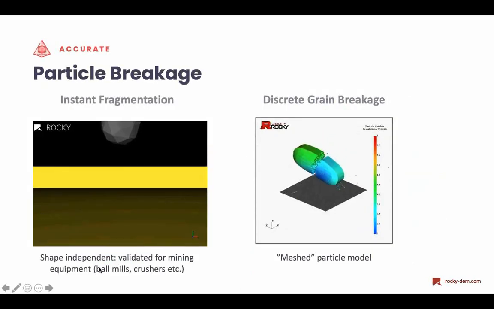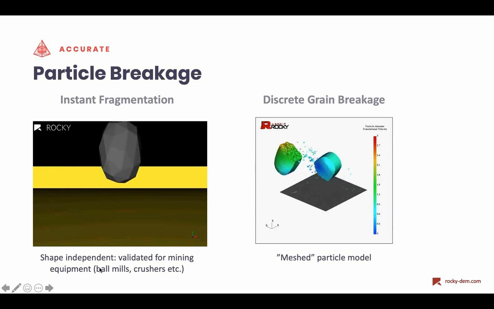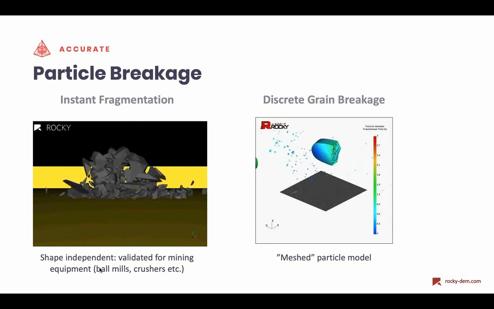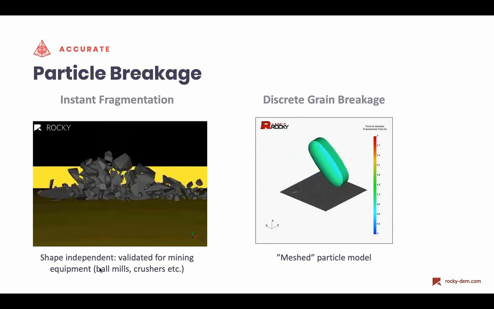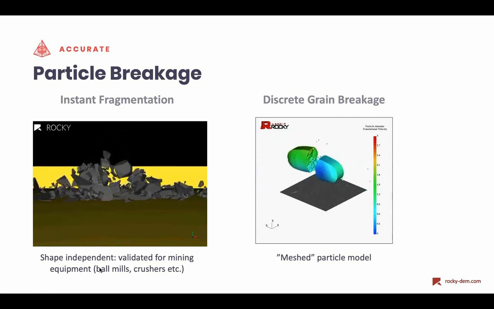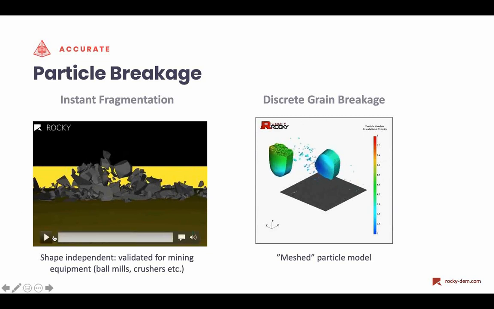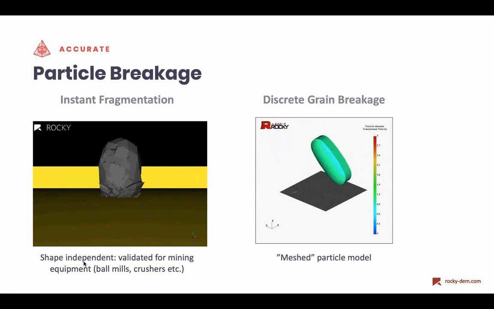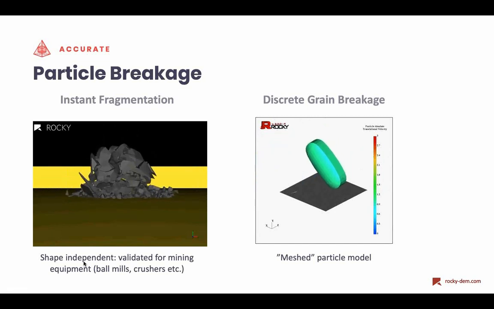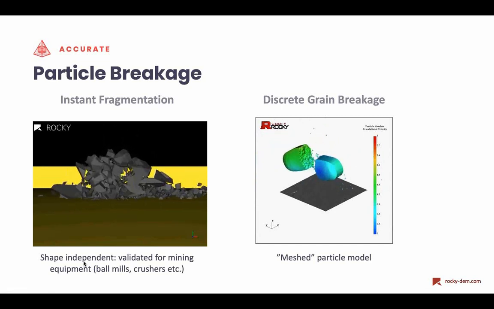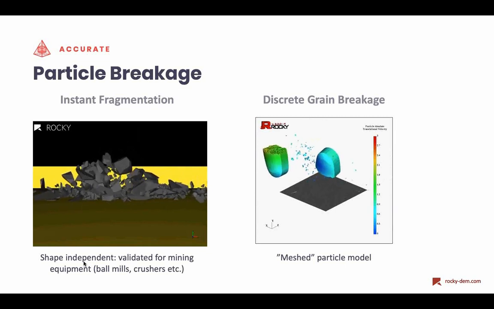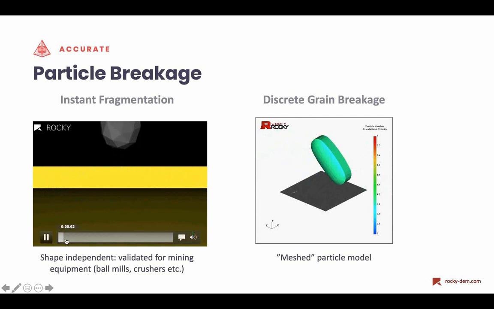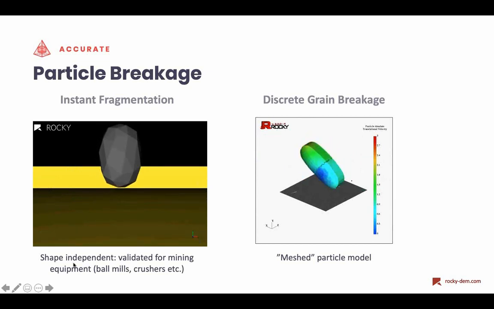On top of that, you can have all these particles breaking, not only the solids but the shells and the beams now, the fibers, right? And you have different breakage models, the ones that we call instant fragmentation. With these models, you are not too concerned about the crack propagation, the breakage direction and the stresses.